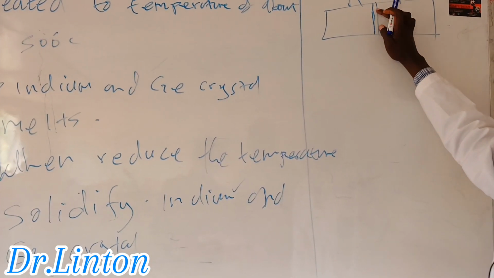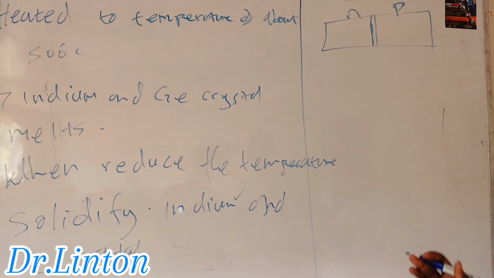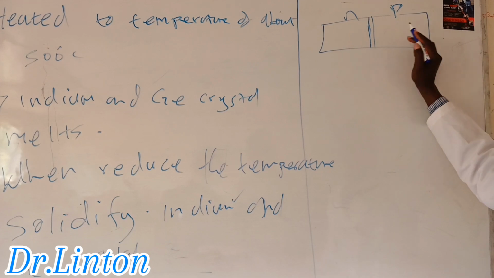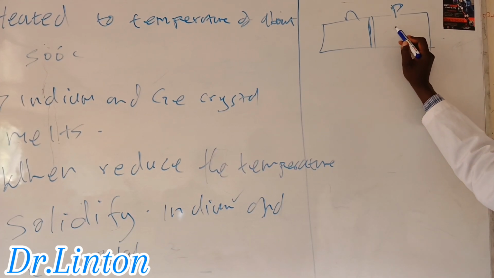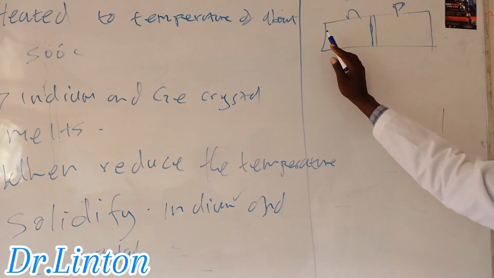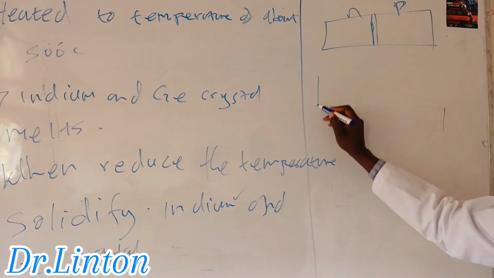In this region there are no electrons, because the electrons in the N-type diffused to the P-type, and the holes in the P-type diffused to the N-type. Let me draw it in a bigger way.